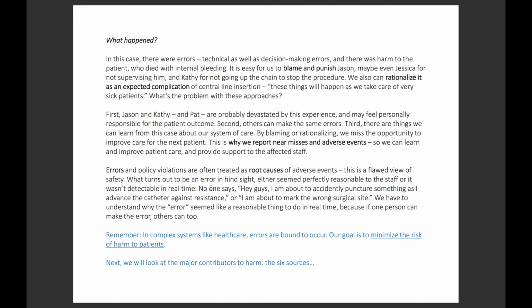Instead of saying left, right, you could say there's confusion even in our words. And the operation occurred on the wrong side because someone said left, right, and they let the words go. And in that conversation, you could see how things get mixed up. In complex systems, errors are bound to happen. Our job is to understand when errors occur, report them, but prevent harm from occurring. So let's go to this case now and look at the details.